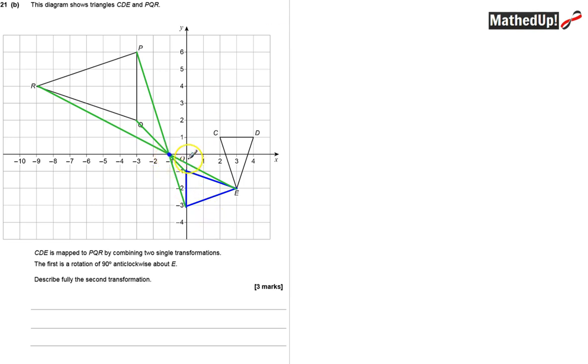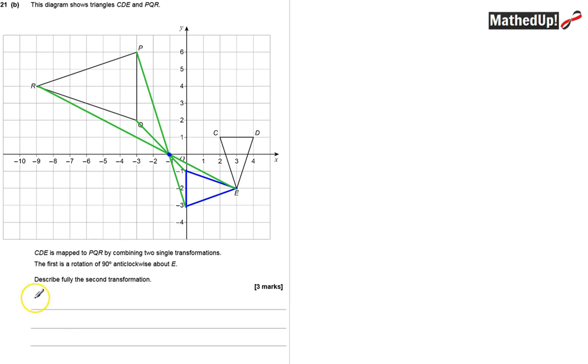So our center of enlargement is at (-1, 0). And we can see that this shape is twice as big, but because it's also been rotated, it's going to have an enlargement of scale factor -2.